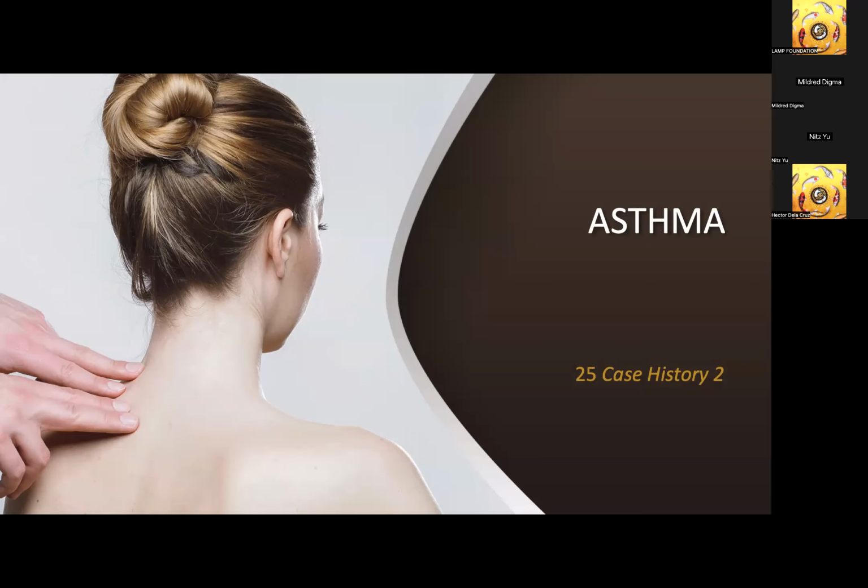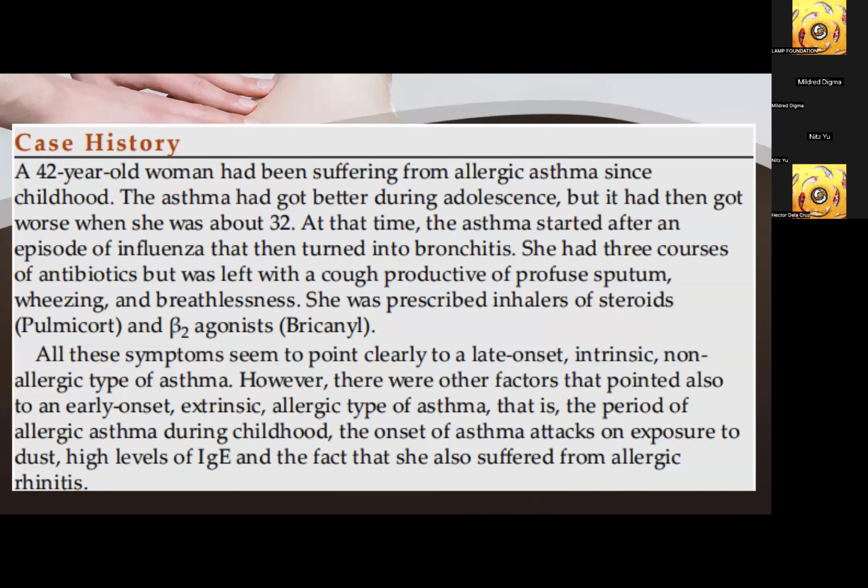Our topic for case history, part 2, number 25, asthma. A 42-year-old woman had been suffering from allergic asthma since childhood. The asthma had got better during adolescence, but it became worse when she was about 32.